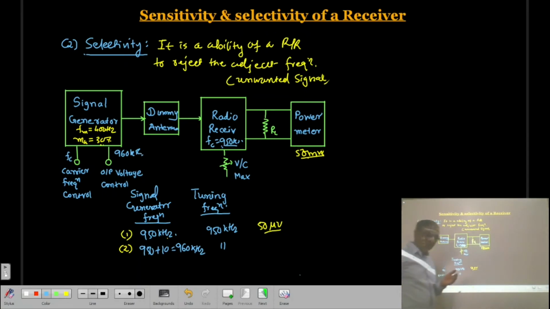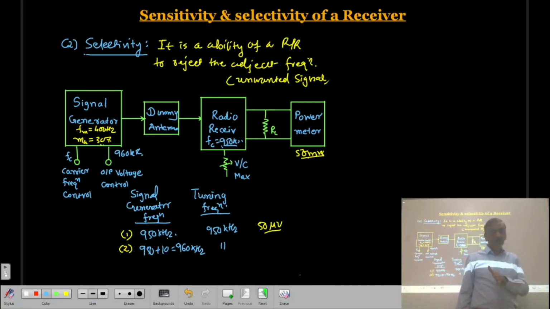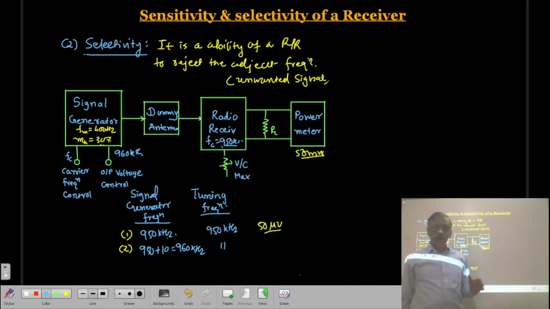Then naturally the input frequency is different than the tuning frequency, so the radio has to reject that frequency. And whenever it is going to reject, it means I require more input signal to produce the standard output of 50 milliwatt. Correct?